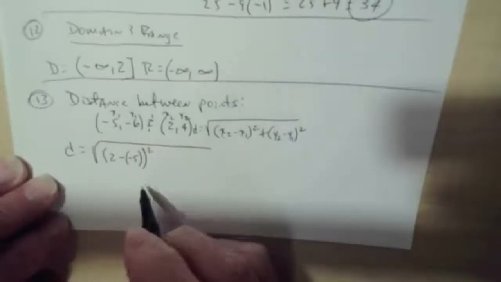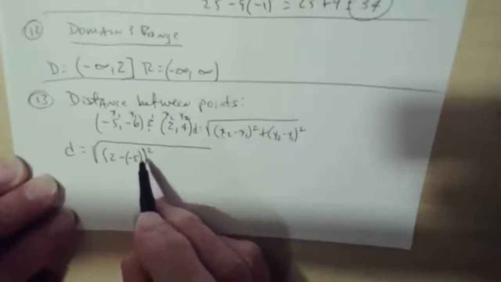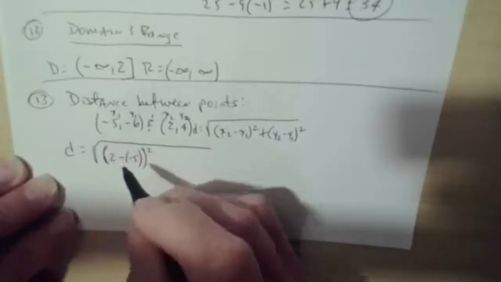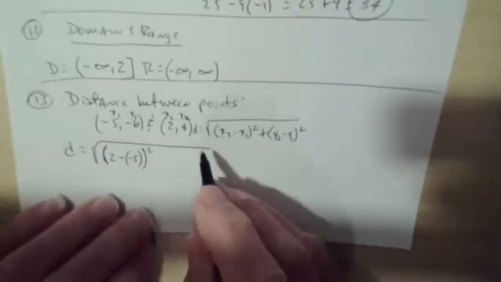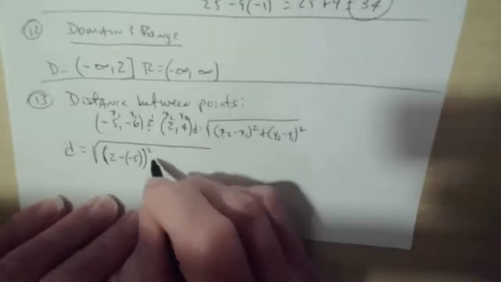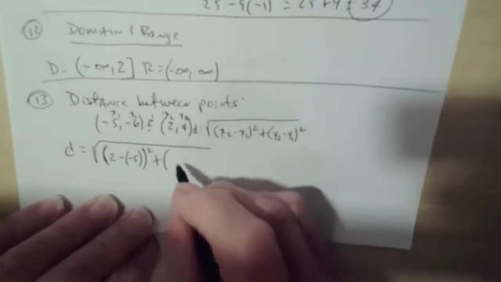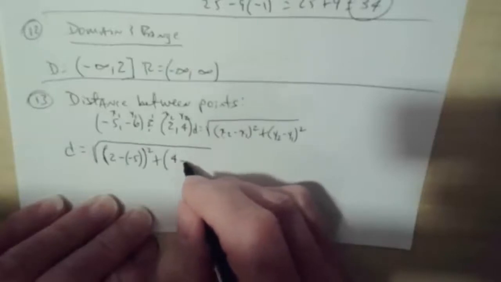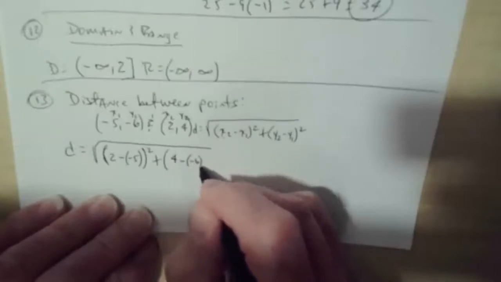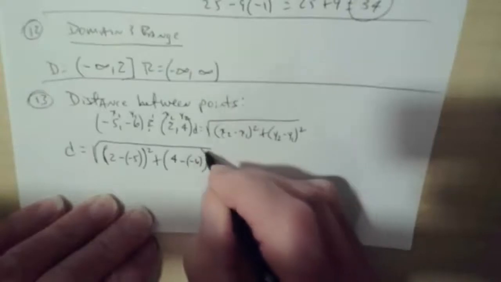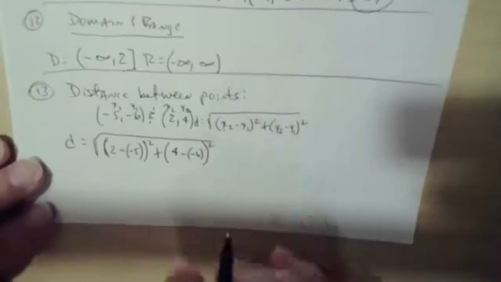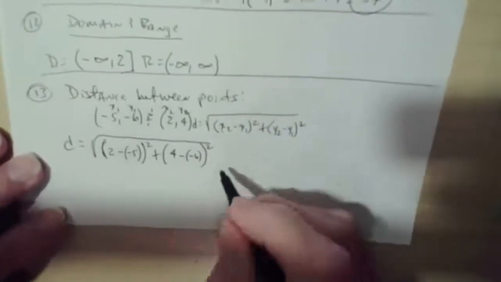I put 2 parentheses here. This one goes with this one. Plus y2 is 4 minus a -6, closed and squared.